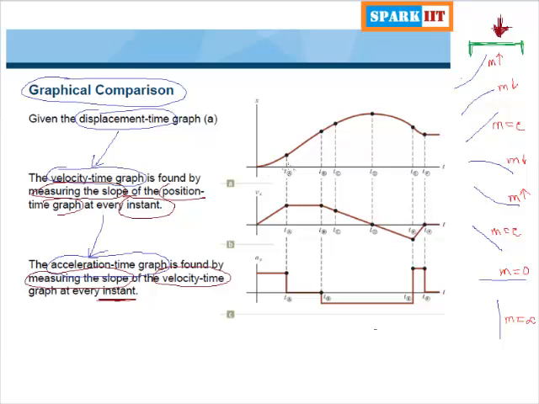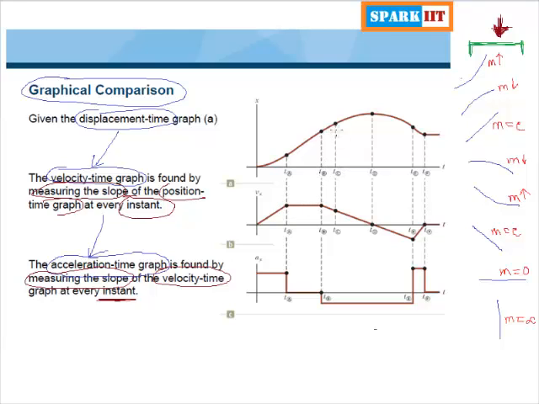Let us divide the graph into several sections like TA, TB, C, D, E and F, where some significant things are happening. During the interval 0 to TA the graph is like this one, so the slope is increasing. The position is 0, so I assume that the velocity is also 0. Here the slope is increasing, so velocity is increasing. Here the slope is a straight line, so the slope is constant.